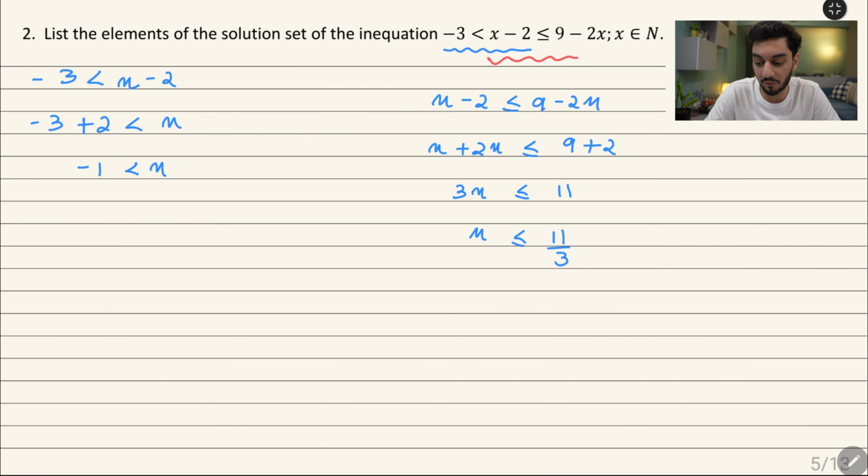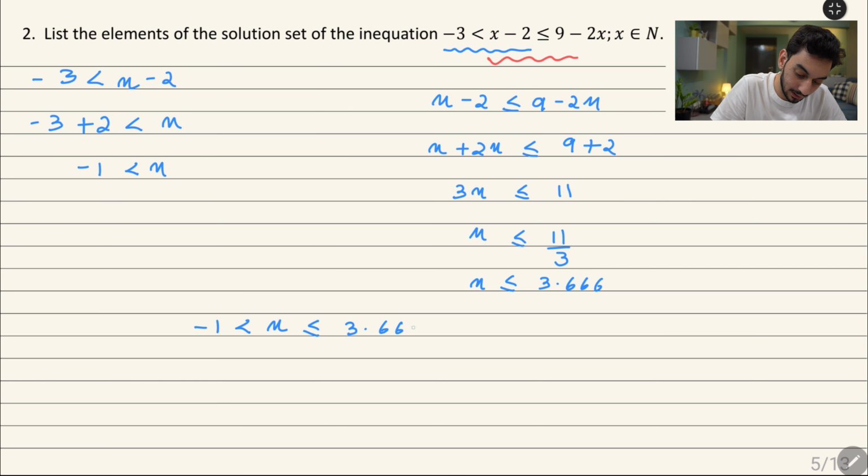You can just simplify it and it would be around 3.666 recurring. So I'll write x is less than or equal to 3.666. When I combine these two, my solution would be negative 1 less than x less than or equal to 3.6 bar.